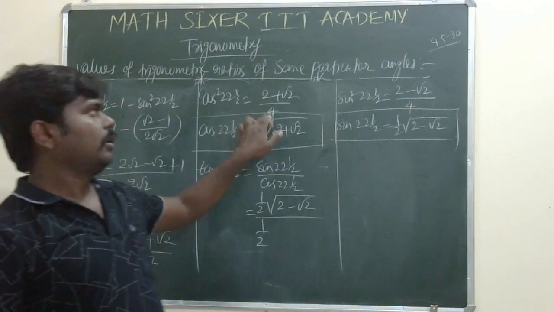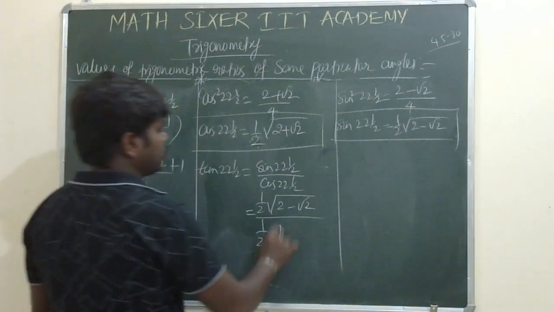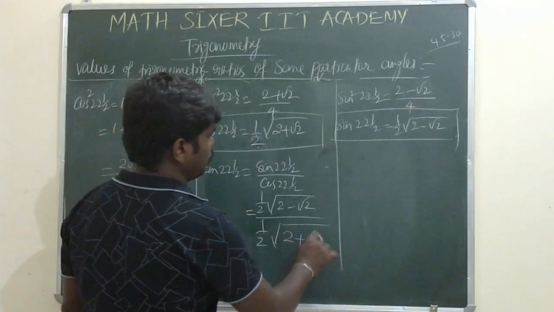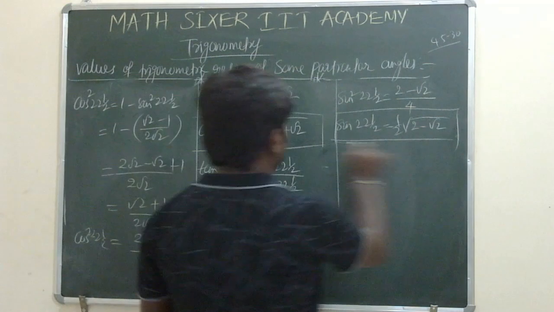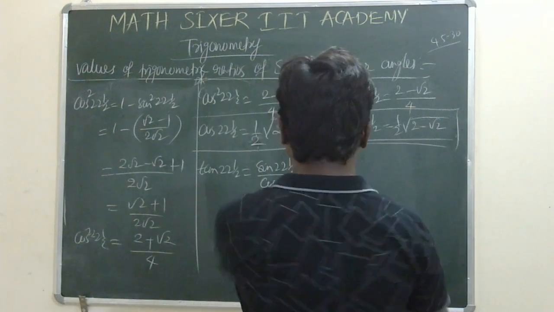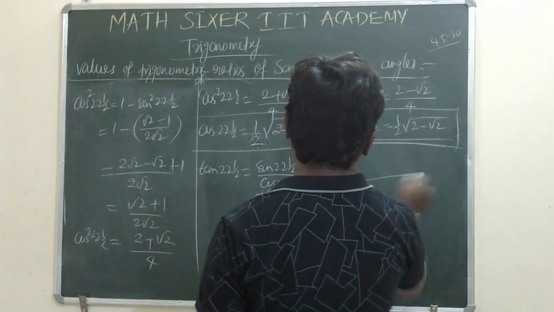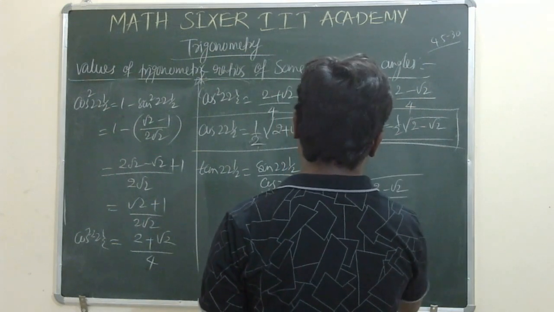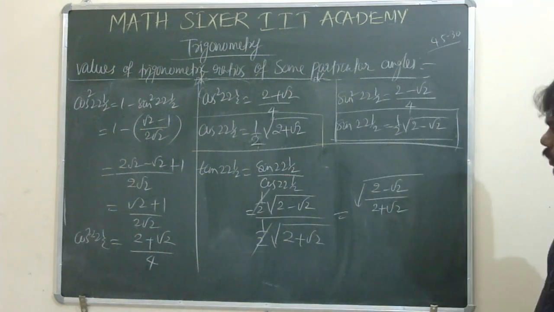Square root of 4 is 2, I have done 4 as it is. So sorry for that. And here square root of 2 plus root 2. So this and this will get cancelled. Hence you can write this is equals to square root of 2 minus root 2 by 2 plus root 2. Okay, so this you can remember.